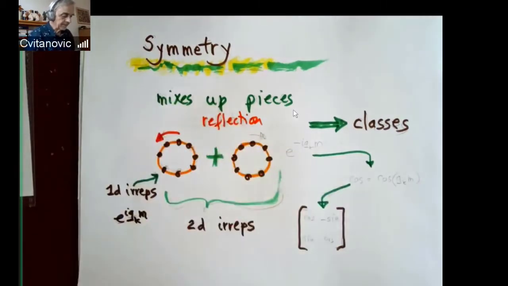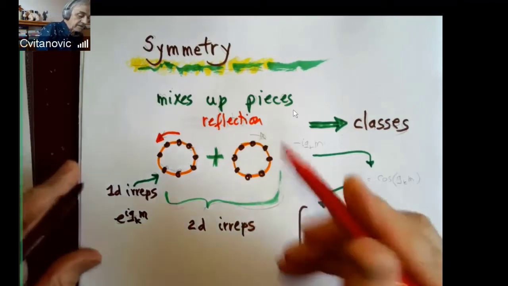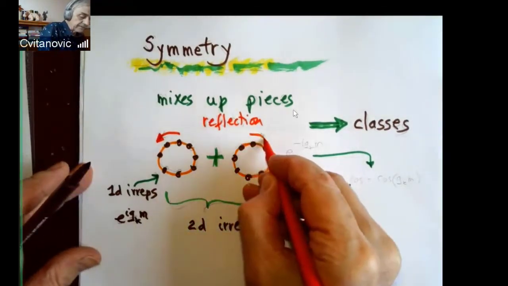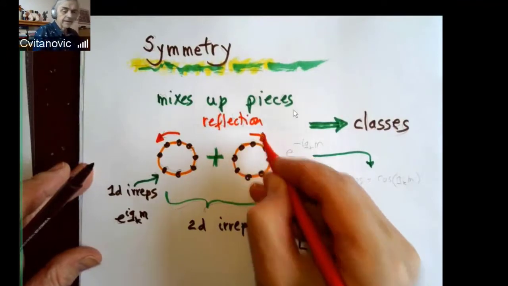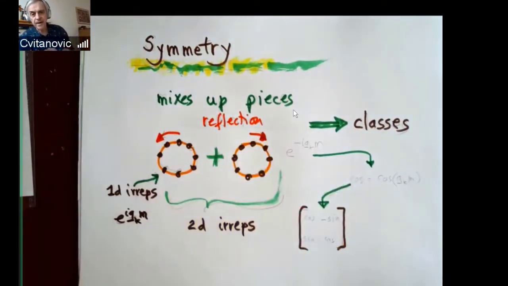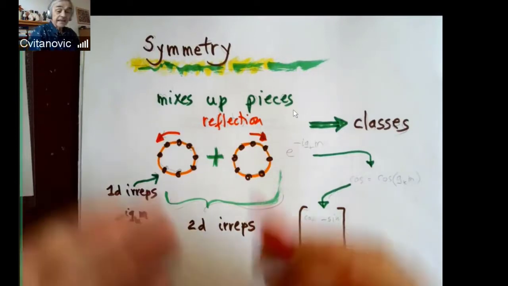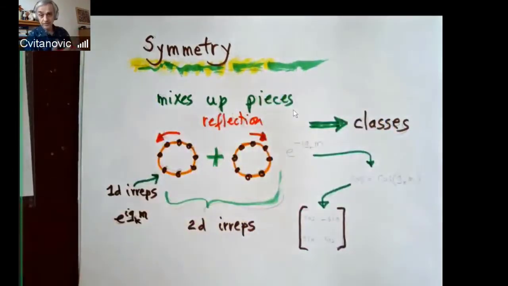we went around. But very often, there's no reason to go anti-clockwise. Nature doesn't care. Our law is invariant under parity. So if I go to the left and right, I should be getting the same results. So I can add reflection to rotation, the simplest thing that can happen.